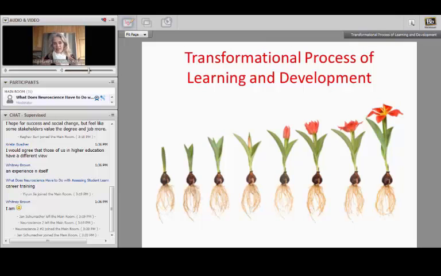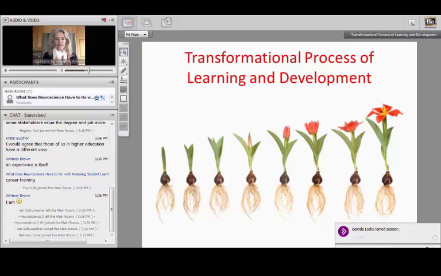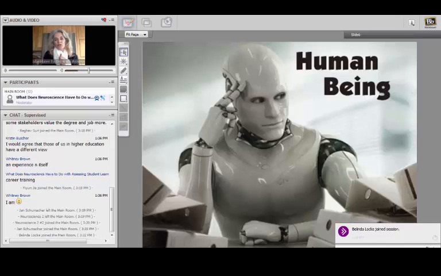So if we want to take back, if you will, that education is a transformational process, that we're actually inviting students into our academies, whether it's online or face-to-face or a bit of both, and however and whenever they're coming in during their lived experience, the idea is that we want to create a transformational process. Learning and development is transformational.